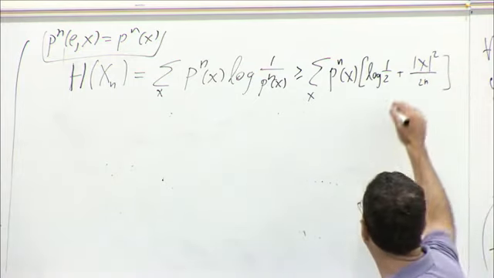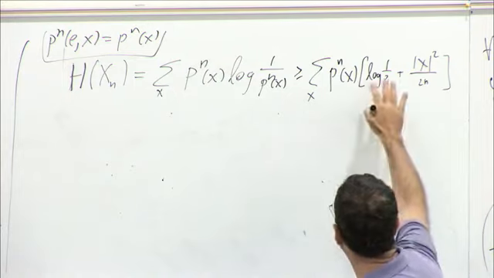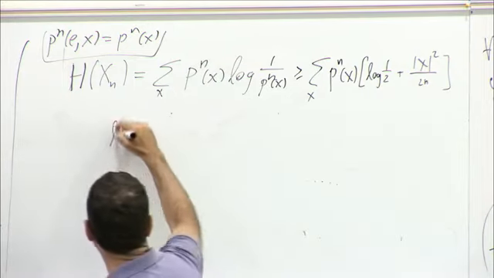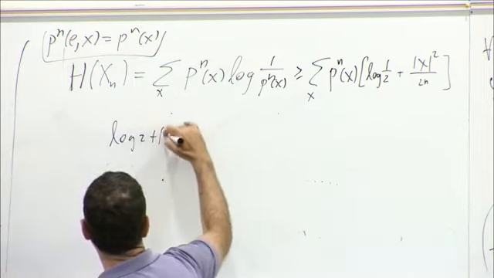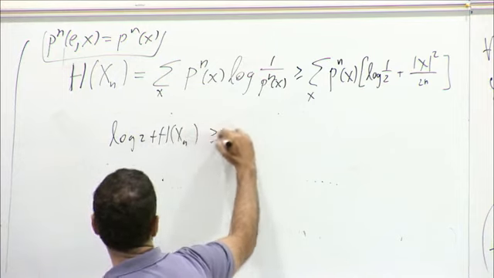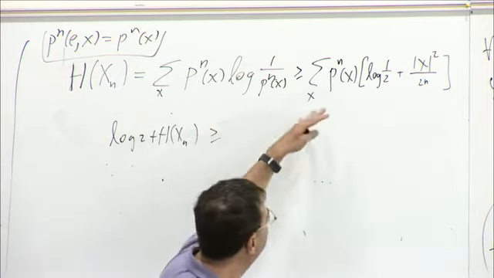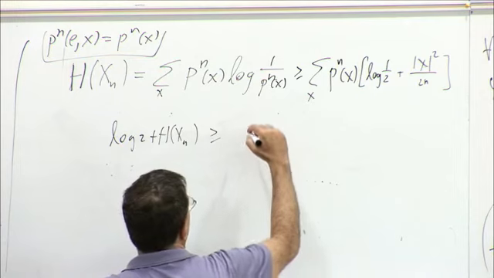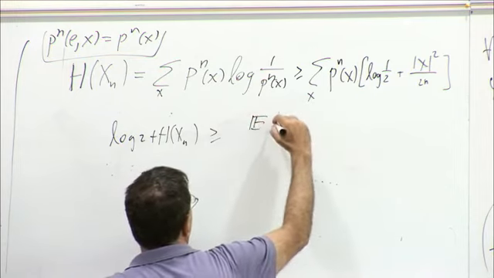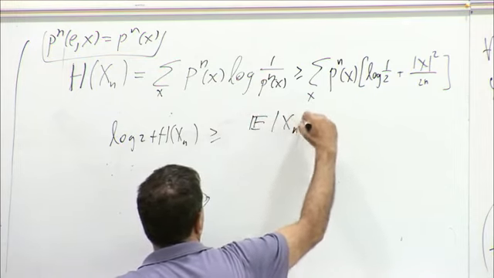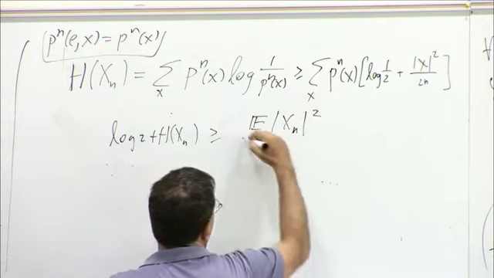But then we just have to see what this means. If we move the log half to the other side, so we get log 2 plus h of xn is greater, what we have left is just the second moment of the walk, so expectation of xn squared normalized by 2n.